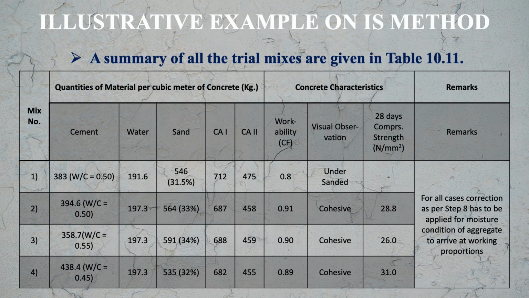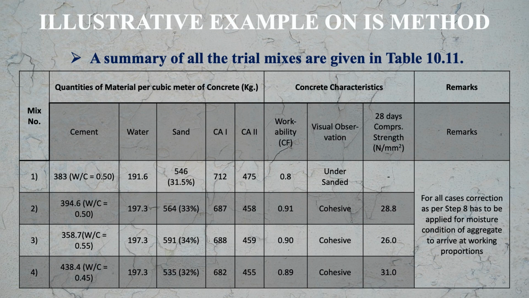For example, I will read for trial mix 1: the cement is 383 kg with water cement ratio of 0.5. Quantity of water is 191.6 kg. Then quantity of fine aggregate, that is sand, is 546 kg, which is basically 31.5% of the absolute volume. Then coarse aggregate of type 1 is 712 kg and coarse aggregate type 2 is 475 kg.